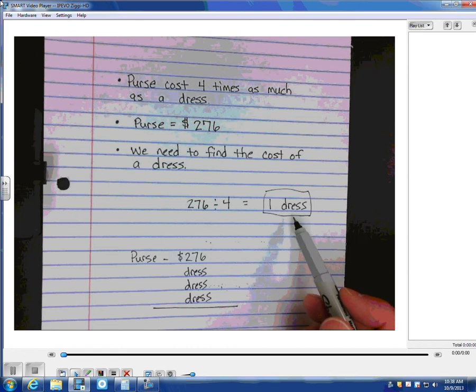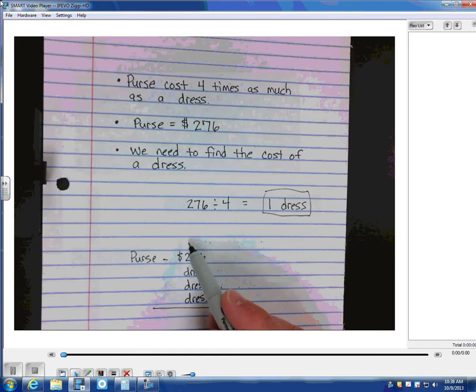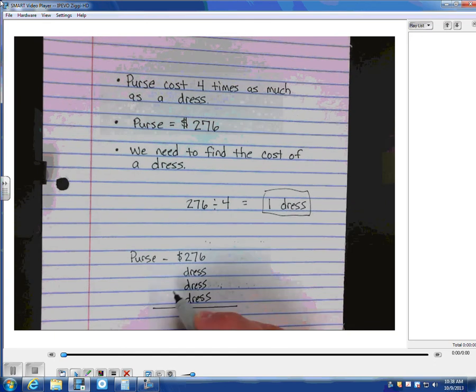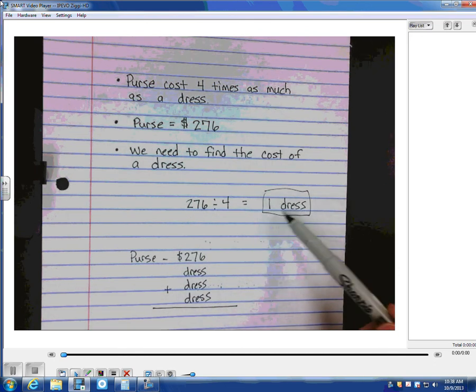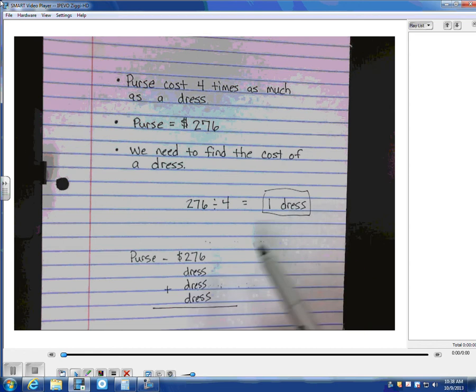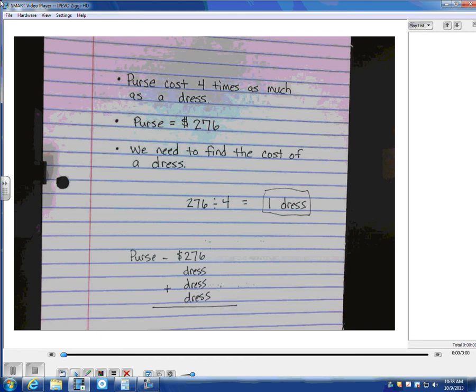I'm just showing you so when you get to this step, you'll know what to do. If we're trying to find the total cost, obviously we will be adding at that point, and then that will give you your final answer. So you need to do the division part. Once you get that answer, that number will represent how much one dress costs. Then to find out the total of how much the purse plus 3 dresses cost, you would add them up. Again, show your work, and pick the division method that's easiest for you. That will get you the answer to number 20.